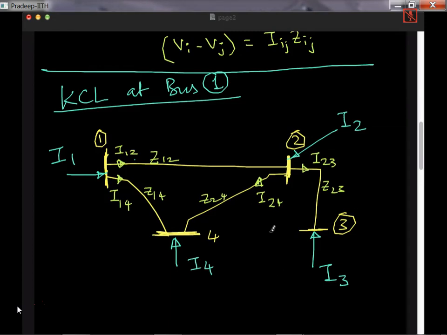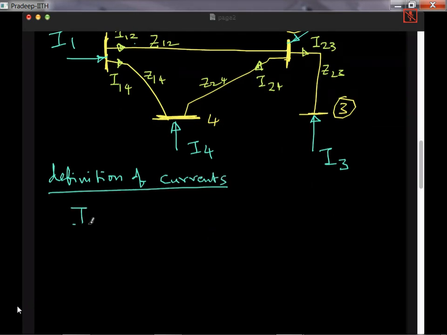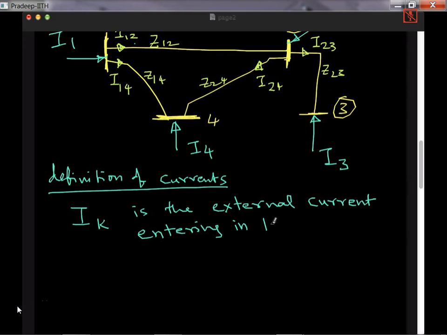So what is the definition? Definition of currents. Let's say Ik is the external current entering into bus K. So it is the external current.